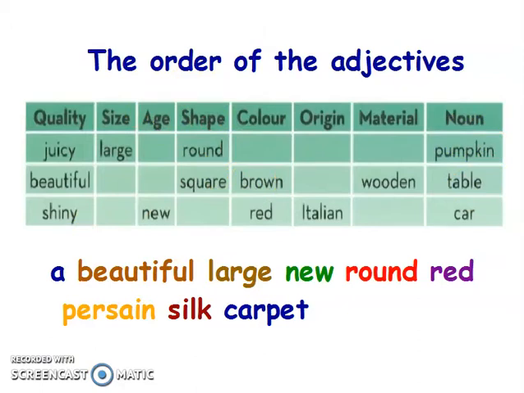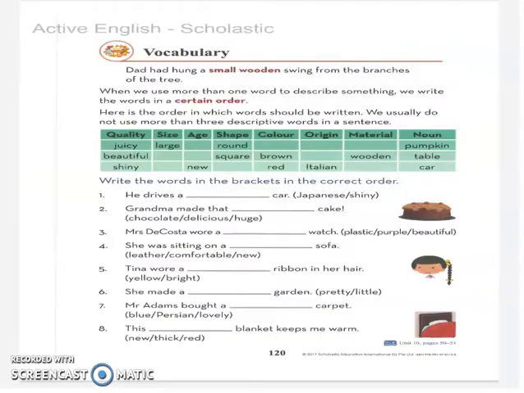Let's start with the course book, page 120. Dad had hung a small wooden swing from the branches of the tree. Where are the adjectives in this sentence? Excellent. Small and wooden.